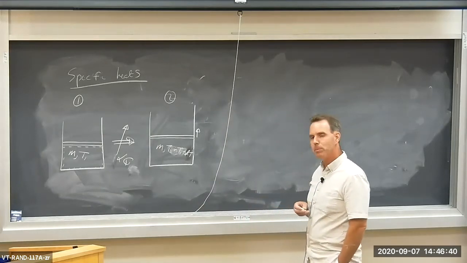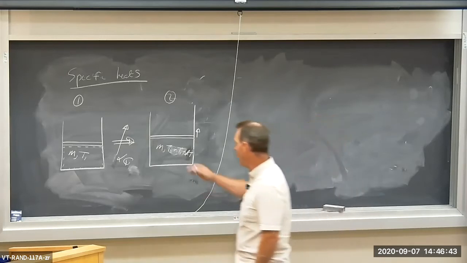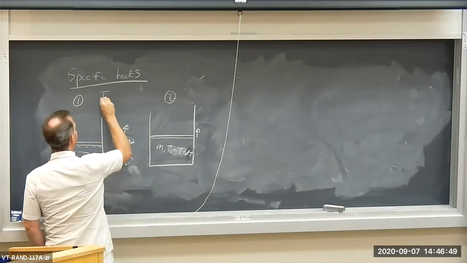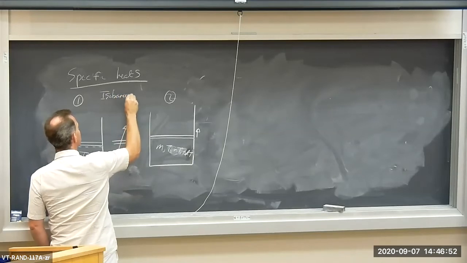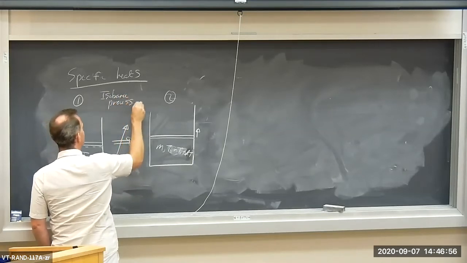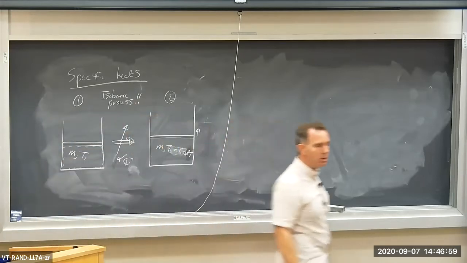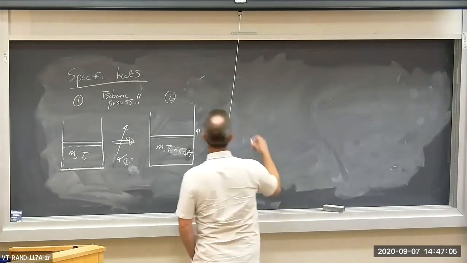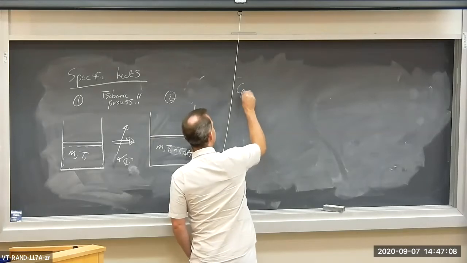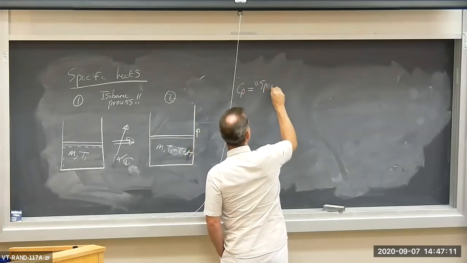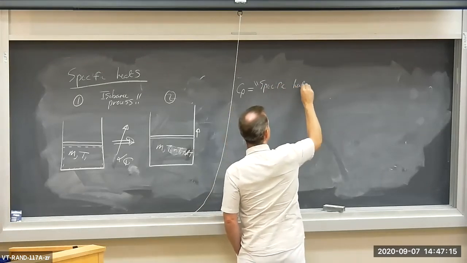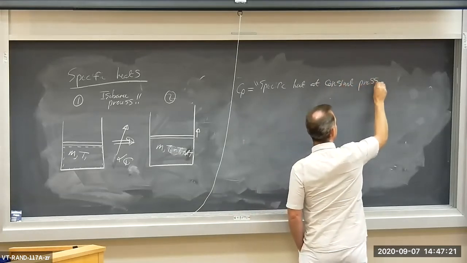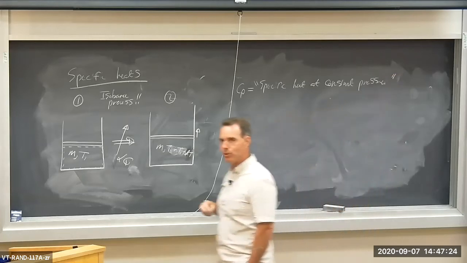Now, let's define specific heat at constant pressure. This is a piston cylinder device, so I'm going to make this an isobaric process. What's isobaric mean? Constant pressure. Baric, iso, constant pressure. I'm going to define the specific heat at constant pressure, Cp.